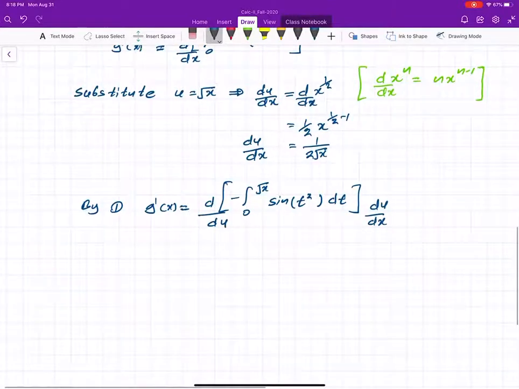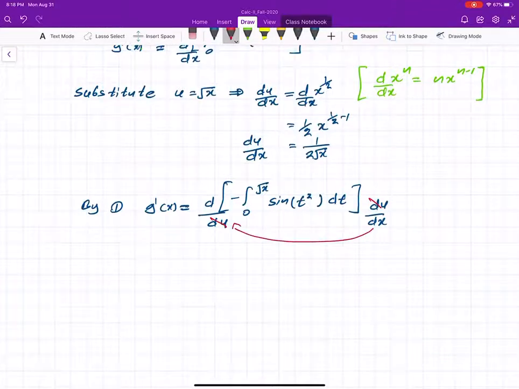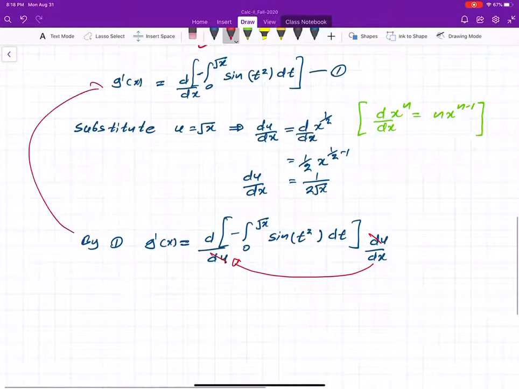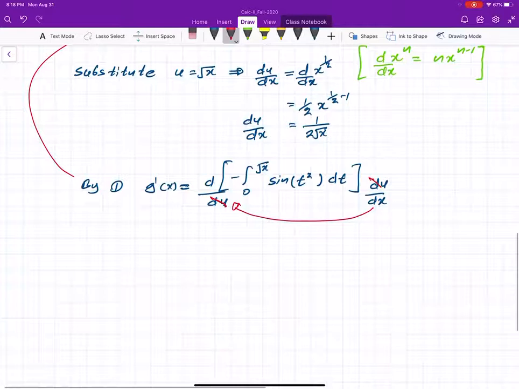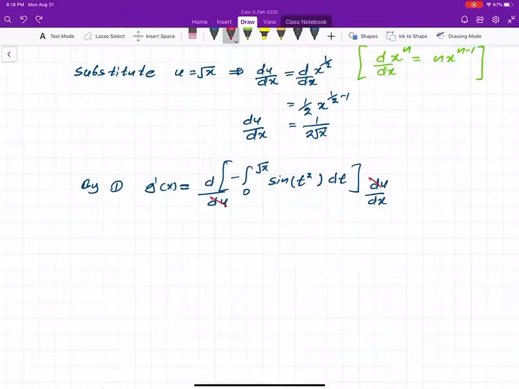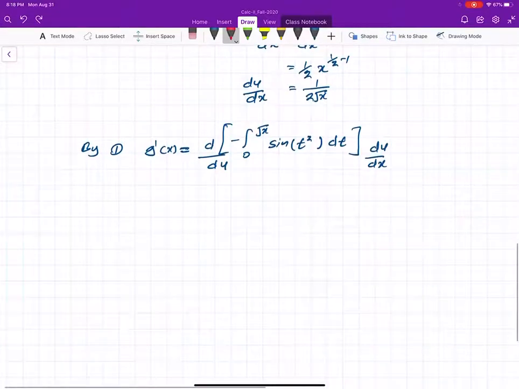You can see this du can be cancelled by that du, and you can bring that one over here. So that is what is given there. That's how the chain rule works. You can just cancel them and then get the original expression. Alright, so go forward.